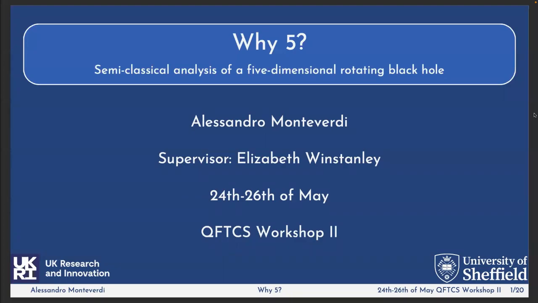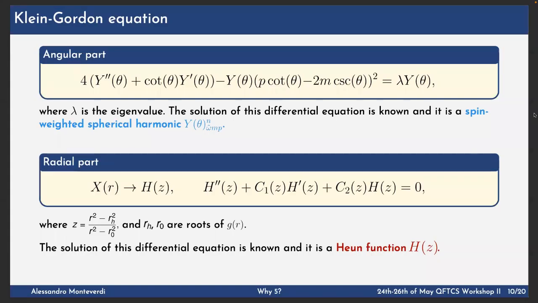Here a bit more in detail. The first equation up there is the differential equation for the angular part. Lambda is the eigenvalue. And as I said, the solution of this is the spin-weighted spherical harmonic with all the quantum numbers here. The radial part was a bit tougher. We had to do a bit of manipulation.